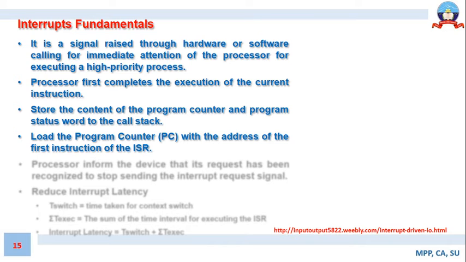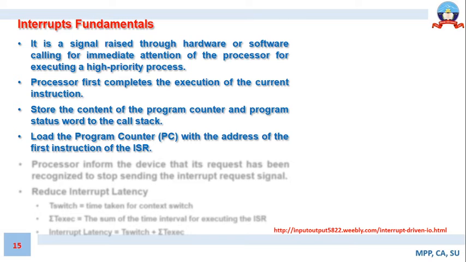So interrupt service routine is nothing but a set of programming instructions associated with an interrupt. Whenever an interrupt takes place, whenever a processor decides to attend an interrupt, what does it do? It completes the execution of the current instruction. It stores the content of the program counter and the program status word onto the stack, and then it loads the program counter with the address of the first instruction of the interrupt service routine.